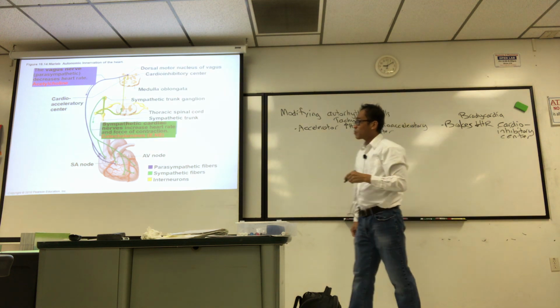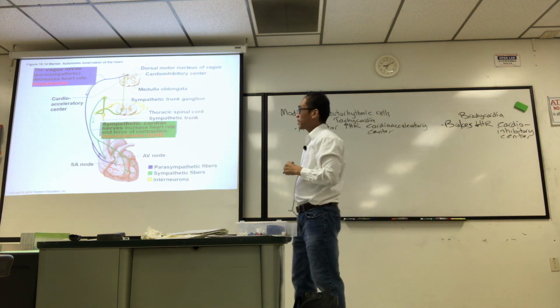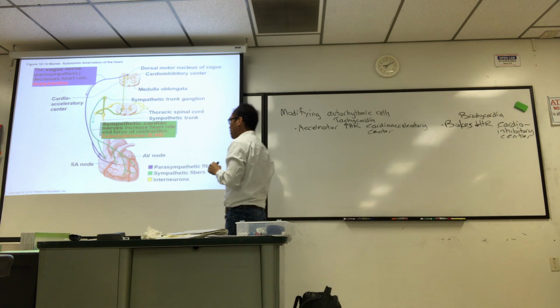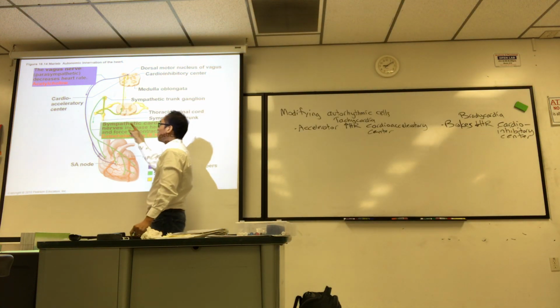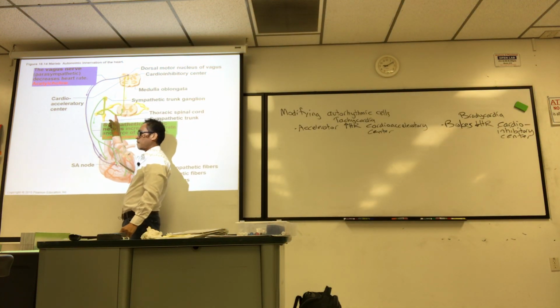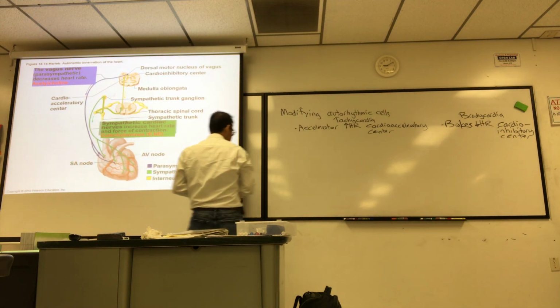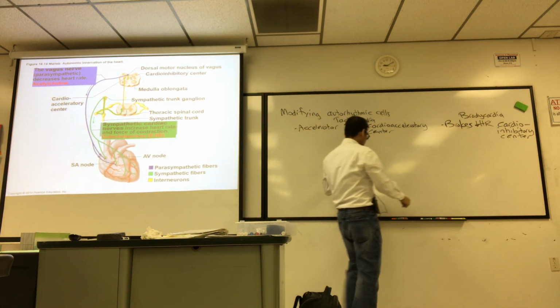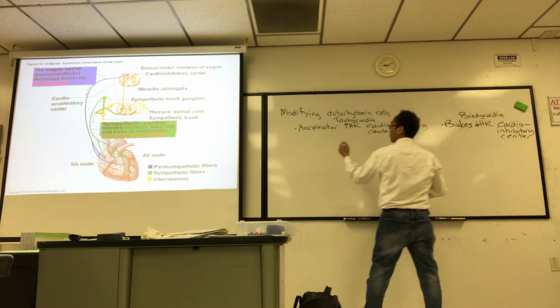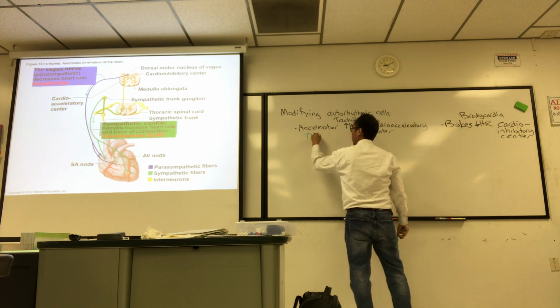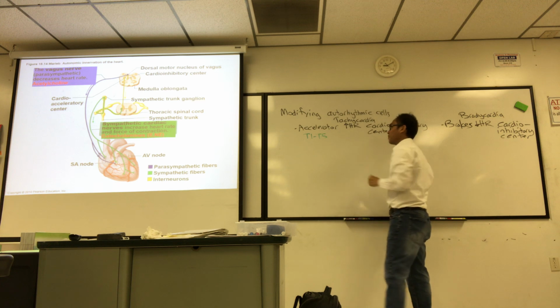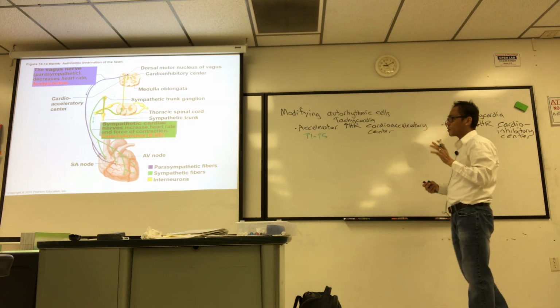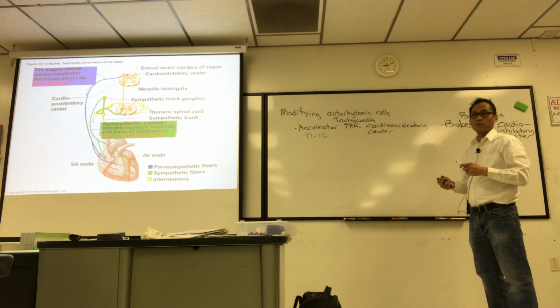Those terms are also used. And the nerves are shown here. The cardio-acceleratory center has sympathetic efferents at the level of T1 to T5 spinal nerves, colored green there. Those refer to the spinal nerves, not the vertebra.